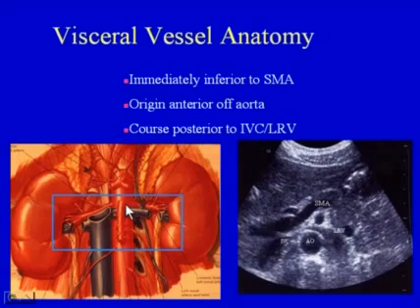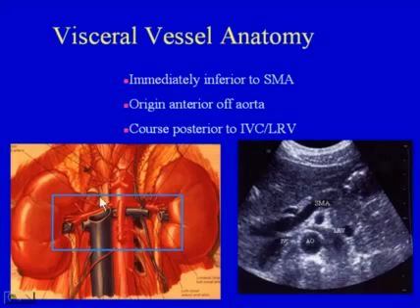And then just below the SMA, the right and left renal arteries arise slightly anterior and then course laterally to the kidneys. So you can see that although there are numerous vessels in the abdomen, it's just a very narrow field in which we need to work to be able to identify the right and left renal arteries.